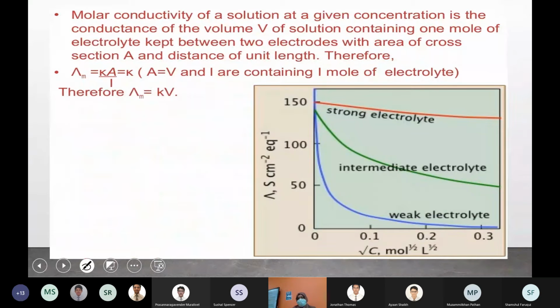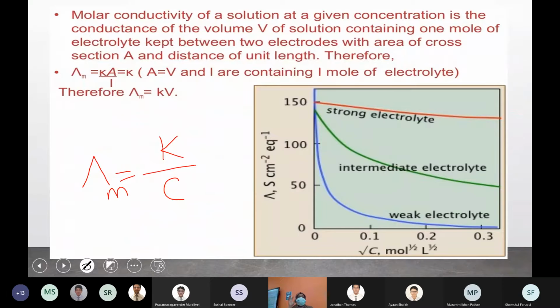So molar conductivity. What is molar conductivity? What was the definition we have discussed yesterday? Molar conductivity, represented by lambda m, is defined as conductivity divided by molar concentration.